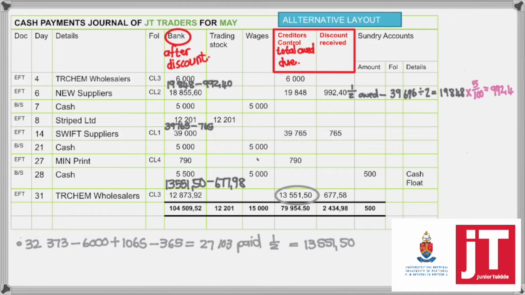So remember, discount is what we don't pay, and that is why we take it off here, because this creditors control column total is the total owed before the discount of 2,434 Rand was taken into account. On the previous slide, the payments column is already recorded after discount.